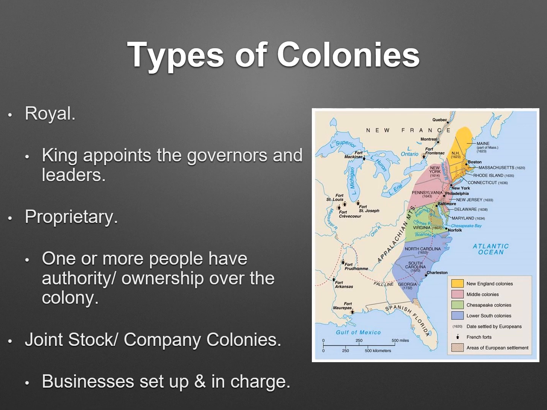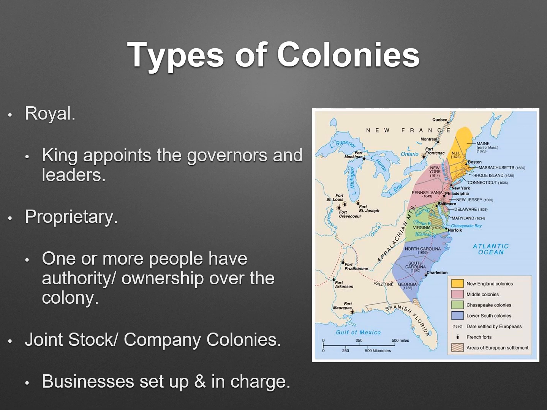Then you have a proprietary colony. This is where one person, or sometimes a couple people, are given a large tract of land and said, okay, go make it happen, go manage it. Now, in a proprietary colony, the person who is leading the colony is rather autonomous.